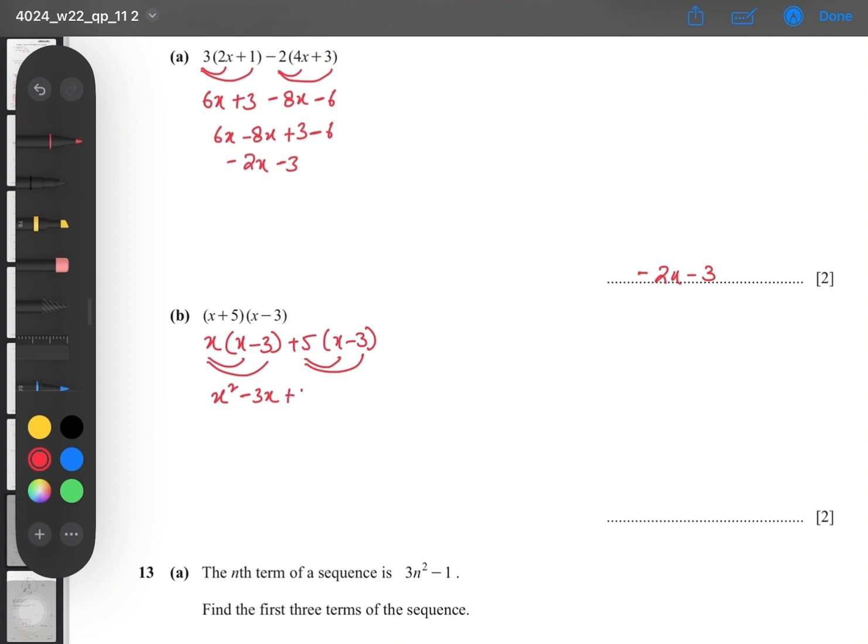Plus 5 into x is 5x, and 5 into minus 3 is minus 15. So I'll collect the like terms. Minus 3x plus 5x will be plus 2x, minus 15. So it will be x squared plus 2x minus 15.